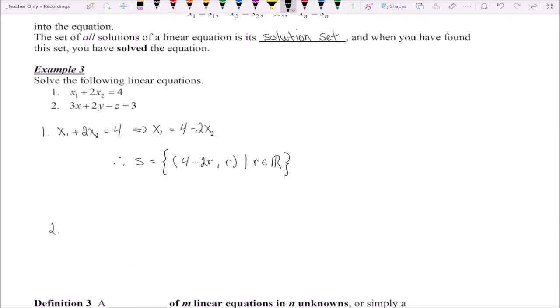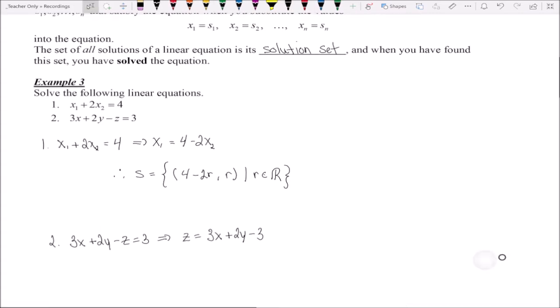Solving number 2 is done in a very similar fashion. In this case, I'm going to solve for z. So add z to both sides, subtract 3 from both sides. z is equal to 3x plus 2y minus 3. Now notice here, we have z dependent on x and y. x and y are independent, so they can take on any value we want.